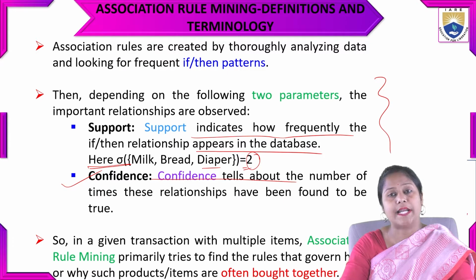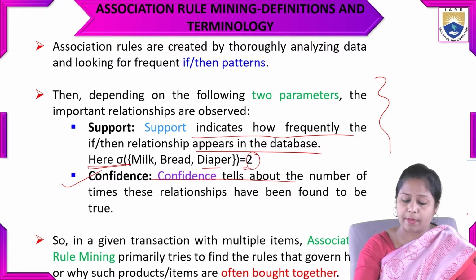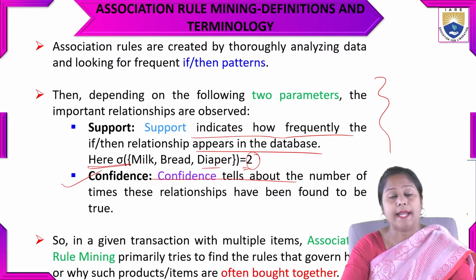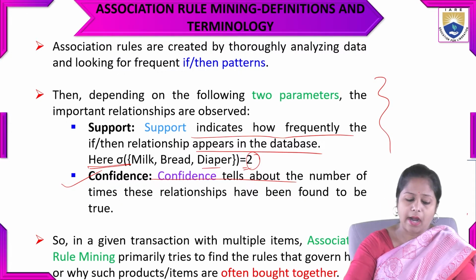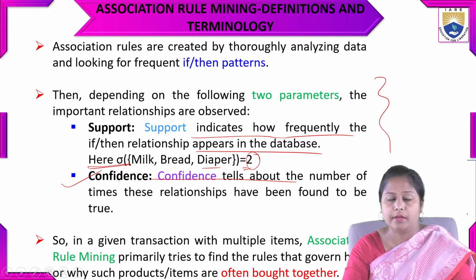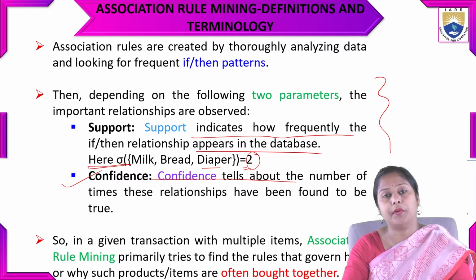In a given transaction with multiple items, association rule mining primarily tries to find the rules that govern how or why such items or products are often bought together. That goes for the frequently purchased items, right?